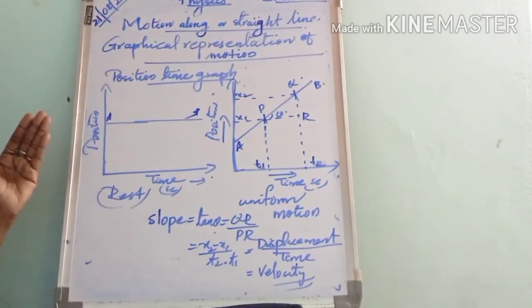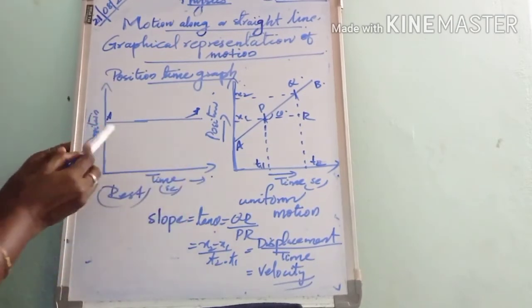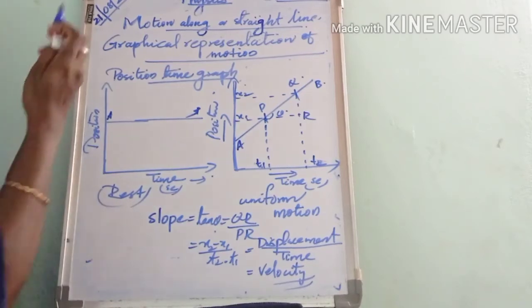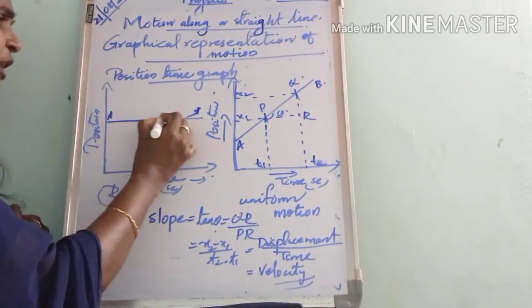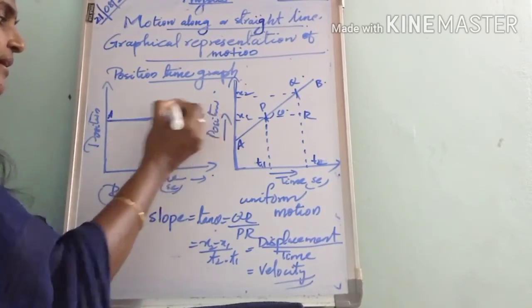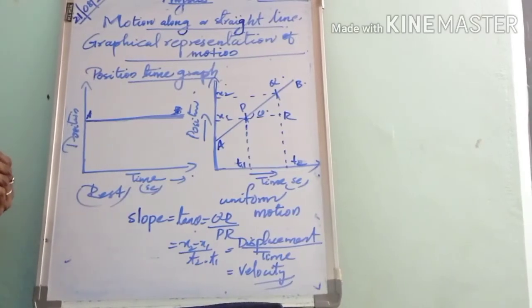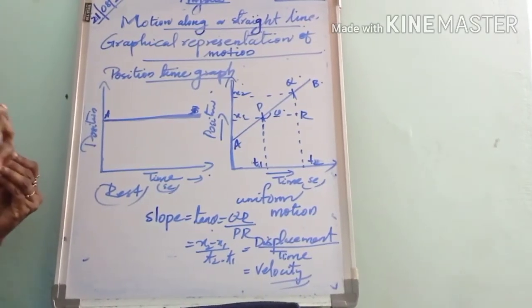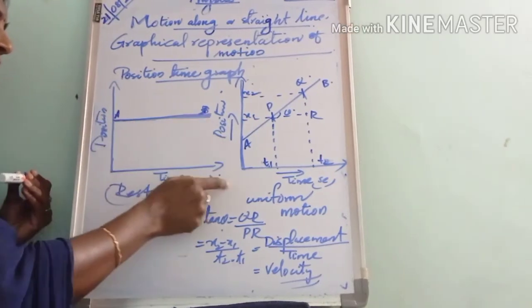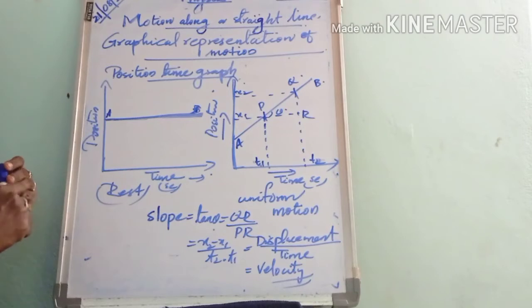What is the nature of the position time graph for an object at rest? It is a straight line AB, a straight line parallel to the time axis.